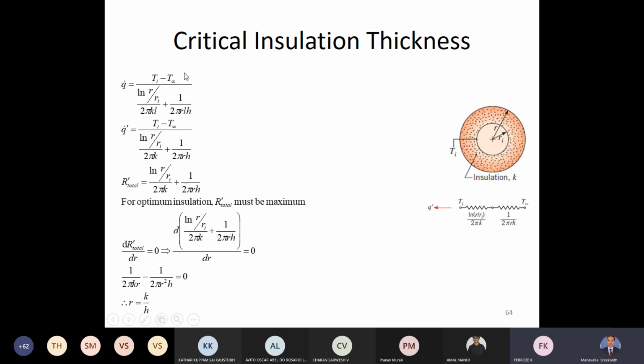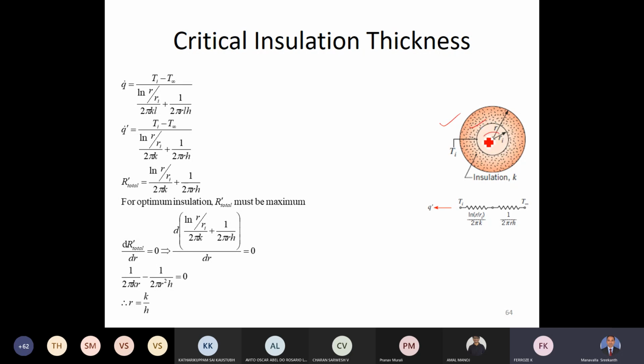Now you see here, this is the Q dot. Q dot is the heat transfer. Heat transfer, we know, is the overall temperature difference divided by the total resistance. That is the standard formula. In this, what are the resistances? We have the outside convection resistance and the conduction resistance inside.